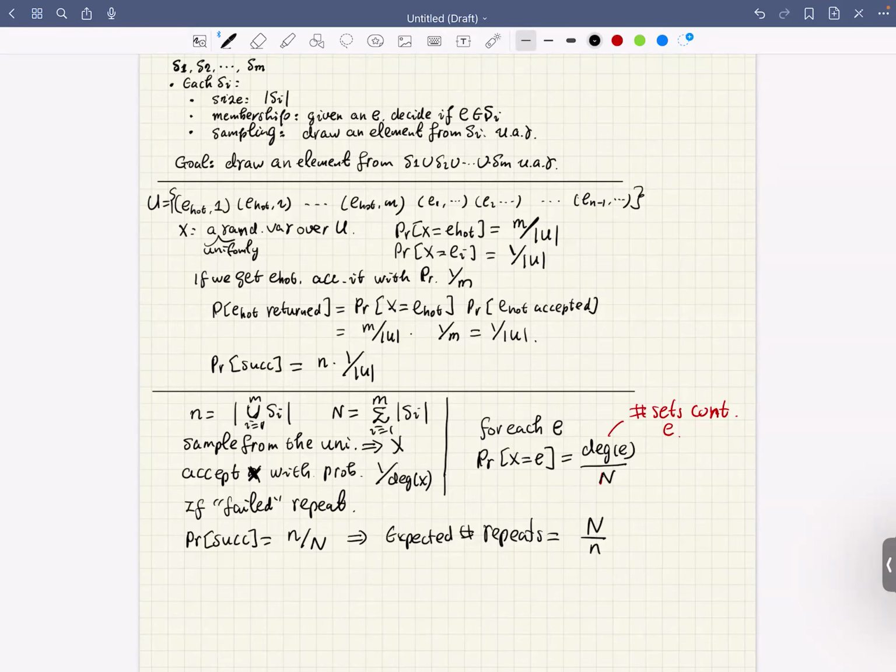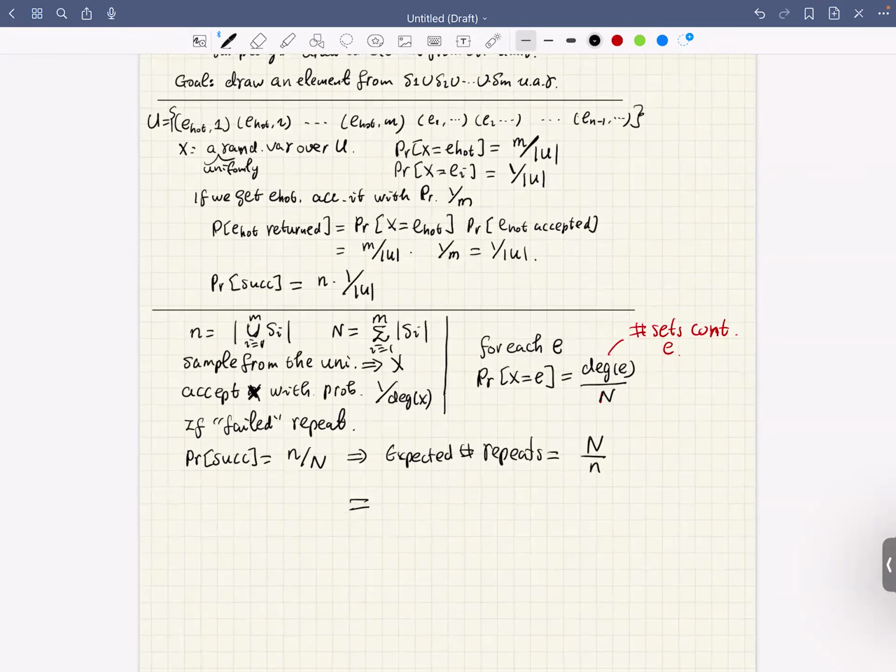Now you know the expected total cost is equivalent to M times big N over small n. So this is our first bound. Do you have any questions so far? Okay, so this is our first bound.